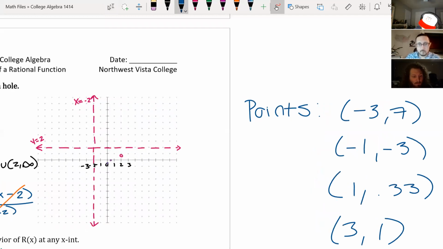All right, I was using fun color. So -3, 7. 1, 2, 3, 4, 5, 6, 7, right there. And then -1, -3, and 1 and 0.33, which is right there. And then 3 and 1. Okay.